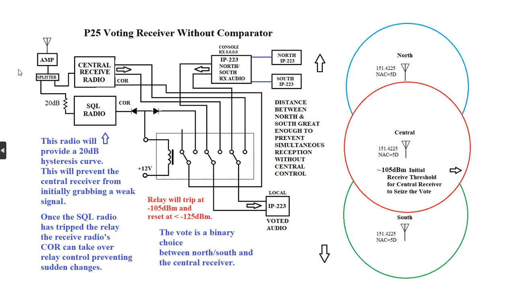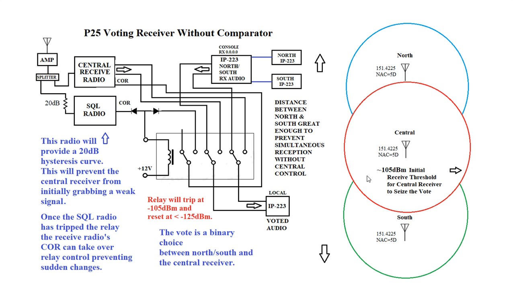Here it is, and like I said, the same situation, I have 3 sites. Each one's going to have the same receive frequency and NAC code. And the question is how can I seamlessly go through or block out the different ones? Let me go over how this is going to work.